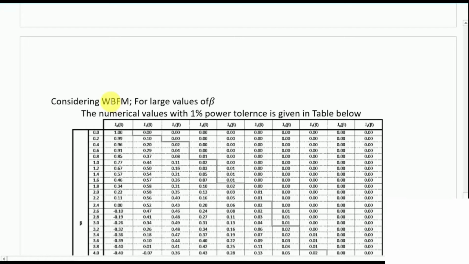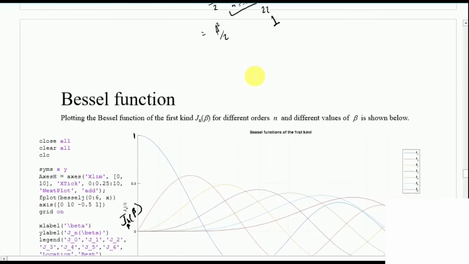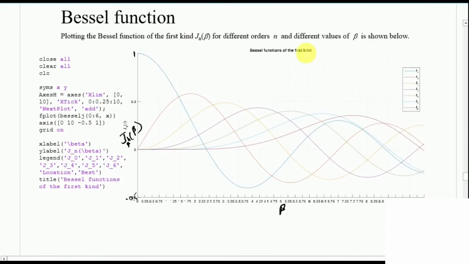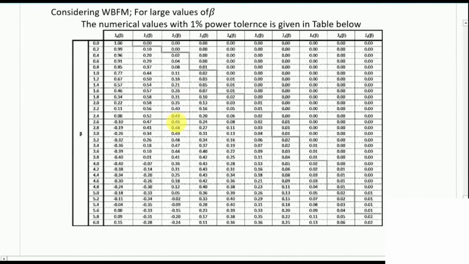That was the whole point. So all of these values can be tabulated in this given table. The rows represent the values of beta, so 0, 0.2, 0.4 until 6, and on the columns we have the Bessel function of the first kind and of order n.